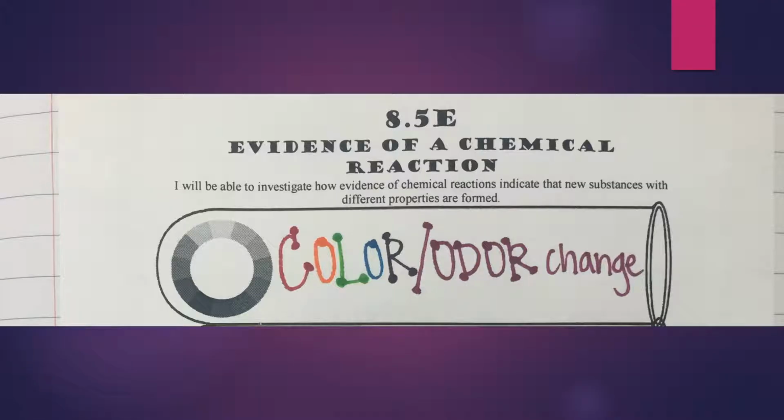Color or odor changes are chemical reactions, but let's say I have this beaker of water. This is clear and colorless, it's just water, and I have green food coloring. If I add green food coloring to my water, I would expect that my water is probably going to turn green. So let's see what happens.